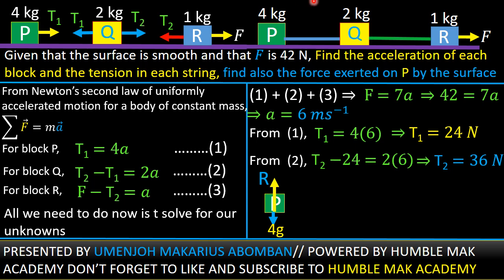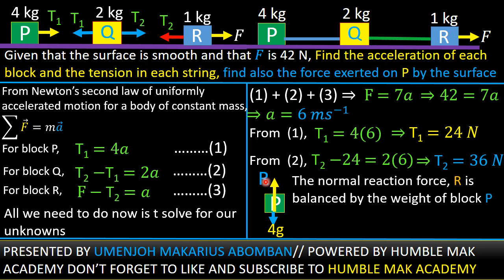Good, guys. That therefore implies that these two forces cannot constitute Newton's third law pairs. But we can simply say that the normal reaction force is simply balanced by the weight of block P, not that it constitutes a Newton's third law pair.